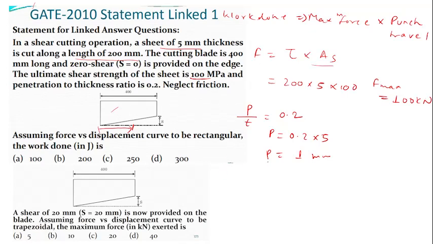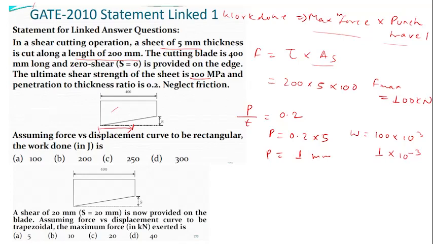Now that we have calculated the penetration, that penetration will be your punch travel. After we have calculated the maximum force and how much our punch will travel, the displacement, we can get the work done. Work done will be 100 multiplied by 10 to the power 3 into 1 multiplied by 10 to the power minus 3.